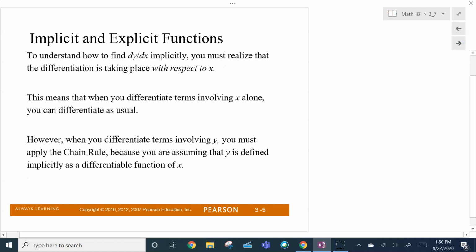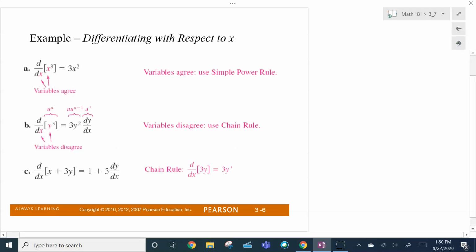So what we have to do is what's called implicit differentiation. That means we're still going to take the derivative with respect to x here, and then we have to apply the chain rule. For example, this is fine. The derivative with respect to x, see how these variables agree here?